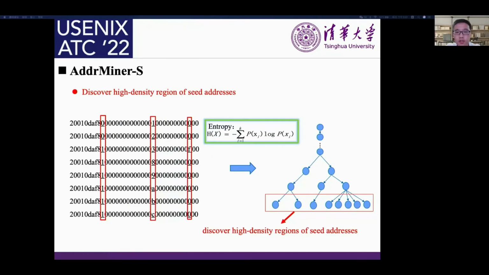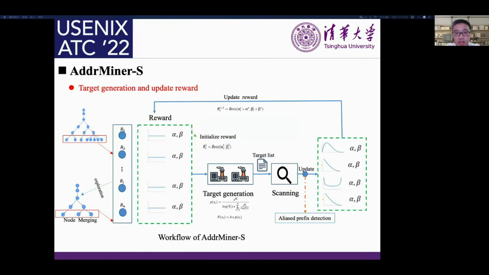We first use the density space tree to discover the high density regions in the seed addresses. The root node represents the entire active address space, and the leaf node represents a high density region of seeds. After discovering the high density regions of seed addresses, AddrMiner-S selects candidate regions for generating target addresses in the seed address high density regions.